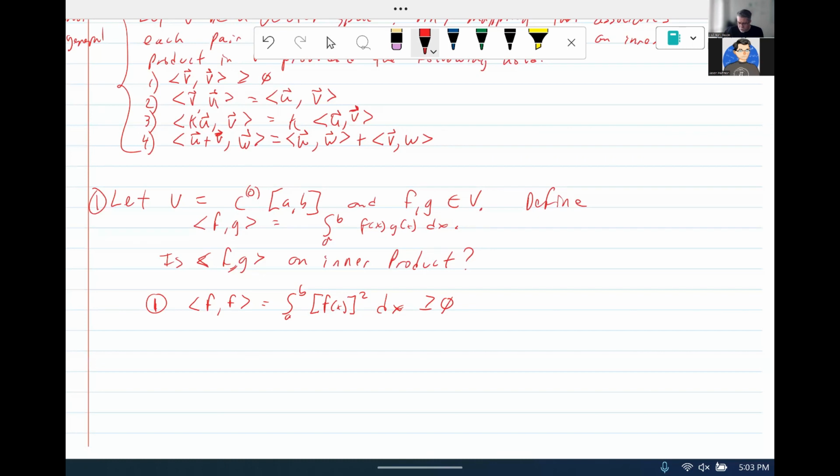We're taking a function, squaring it, and then taking the integral. Any function squared becomes a positive function, and any area under that positive function is going to be positive, so that works.